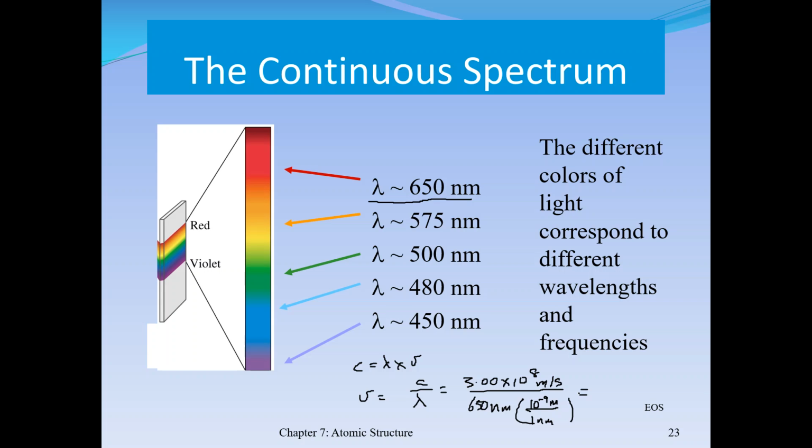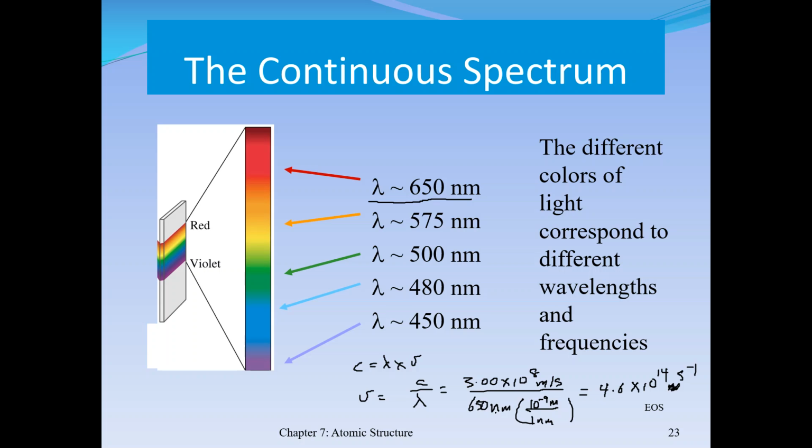And according to my calculations, the answer here turns out to be equal to 4.6 times 10 to the 14. And the units here would be, I'm sorry, not meters, seconds to the minus 1, all right?